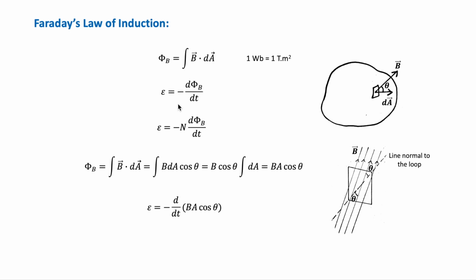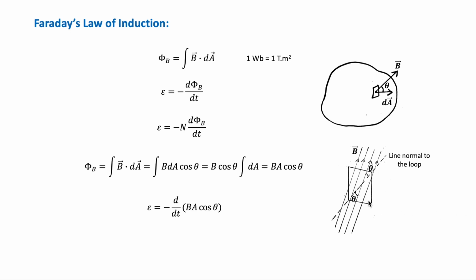So the induced electromotive force is equal to the negative time rate of change of the magnetic flux through the circuit. So this is Faraday's law of induction. Okay, so phi B is the magnetic flux through the surface bounded by the circuit, and the minus sign follows from Lenz's law, which we will discuss shortly.